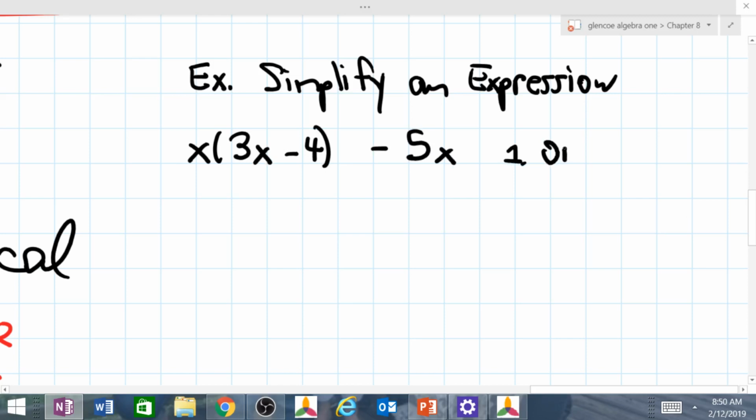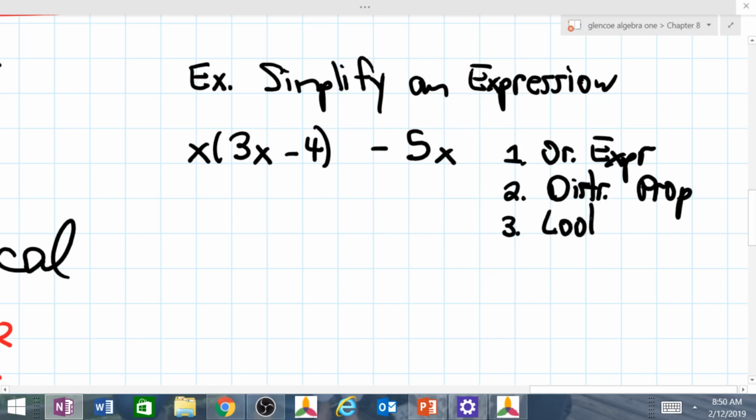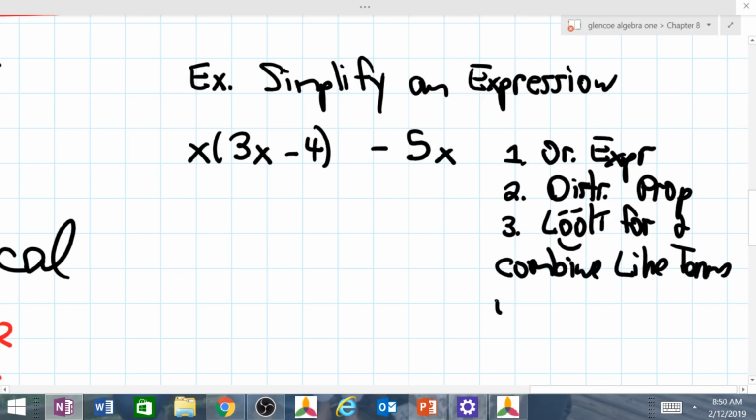So this is the original expression. The second step would be use the distributive property. The third step would be look for and combine like terms. And the fourth step is simplify completely.